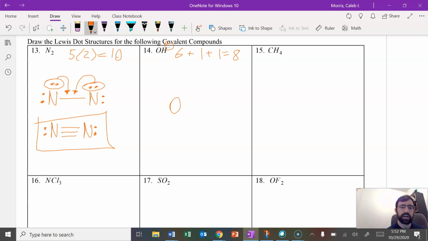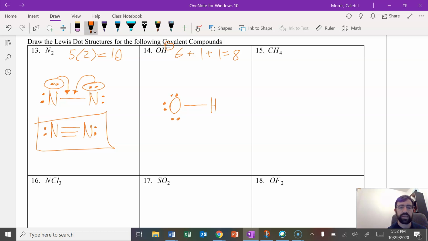So I've got oxygen and hydrogen. Start with connecting 1 bond. Remember, hydrogen only wants 2 because it's an exception, but oxygen would like 8. So I just used 2 electrons. I'm going to keep going. 2, 4, 6, 8, and we're done.